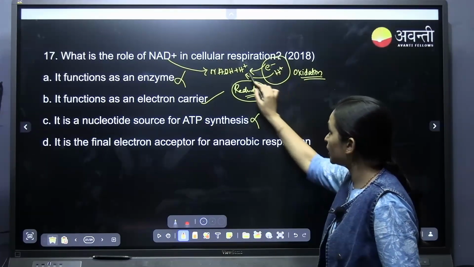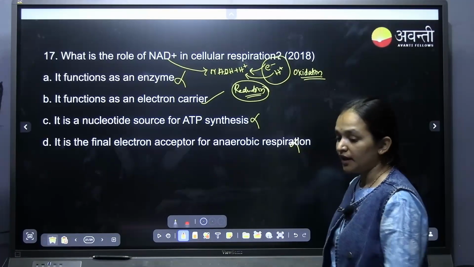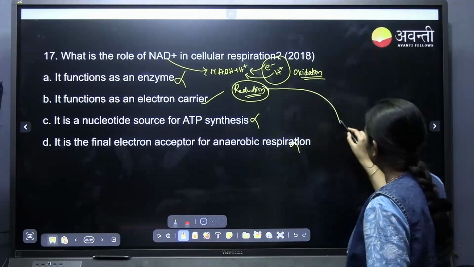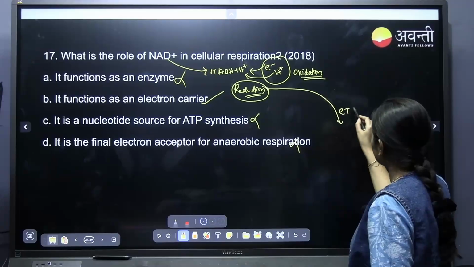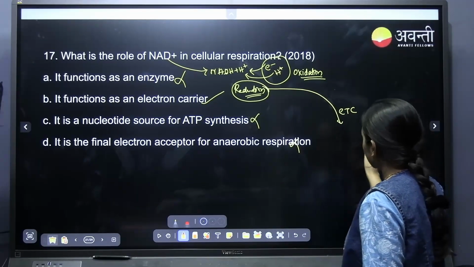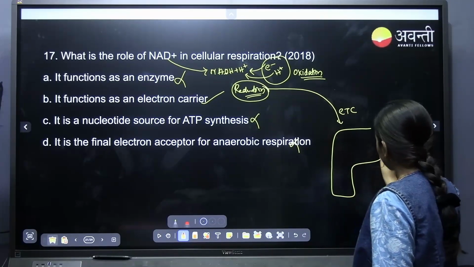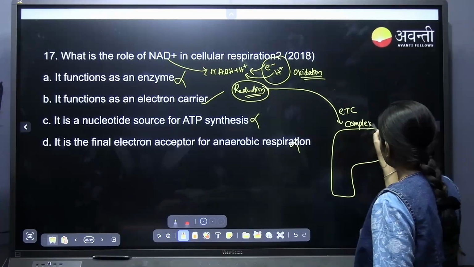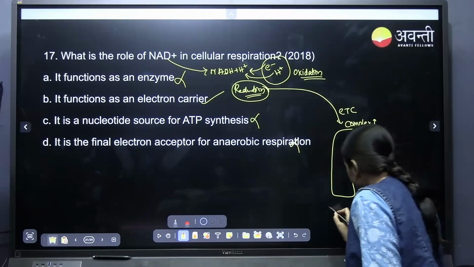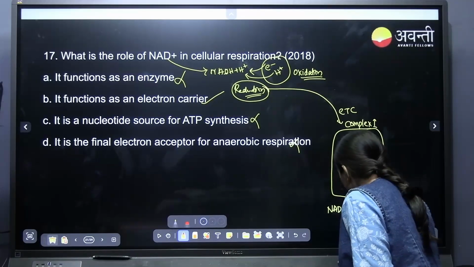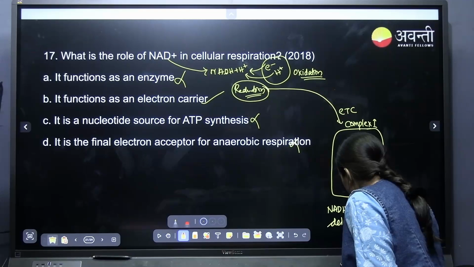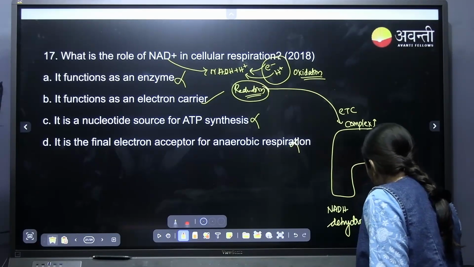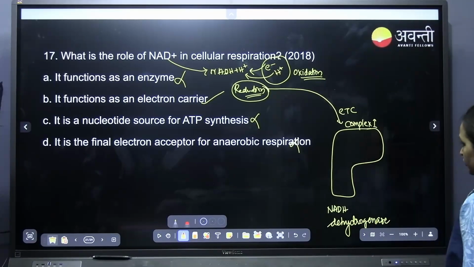In the process they take up electrons from the system, and these electrons ultimately go to the electron transport chain, the first thing being complex 1, otherwise called NADH dehydrogenase.